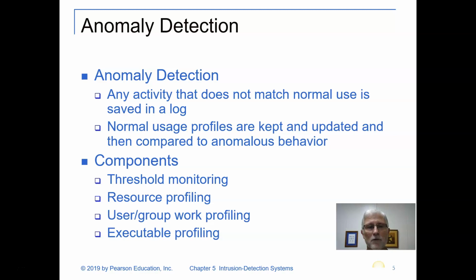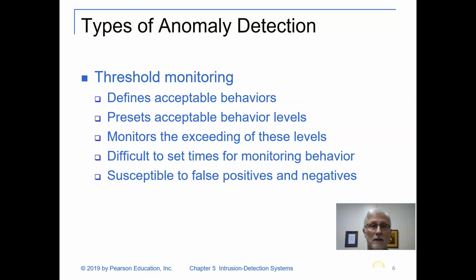Now, some of the components to this are threshold monitoring, resource profiling, user group work profiling, and executable profiling. We'll go into some of those. So, threshold monitoring defines what acceptable behaviors are. It presets acceptable behavior levels.